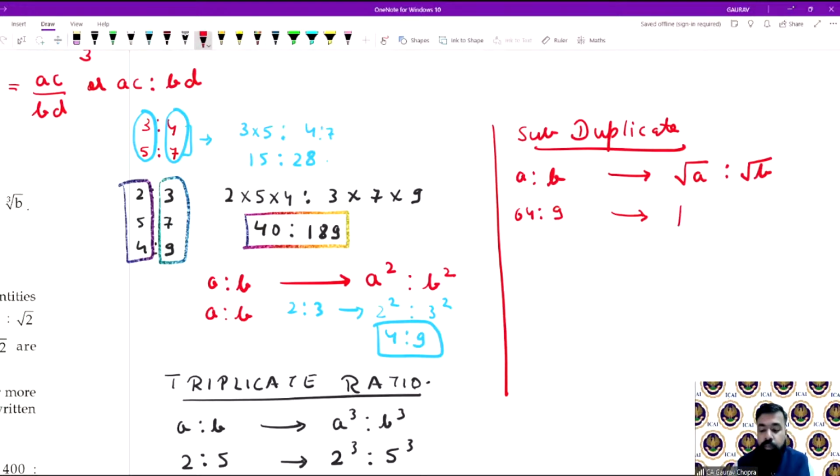So simply what we have to do, root 64 ratio root of 9. Root 64 is 8 and root of 9 is 3. So 8 ratio 3 is the subduplicate ratio.